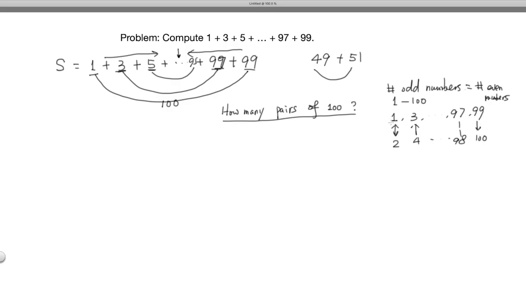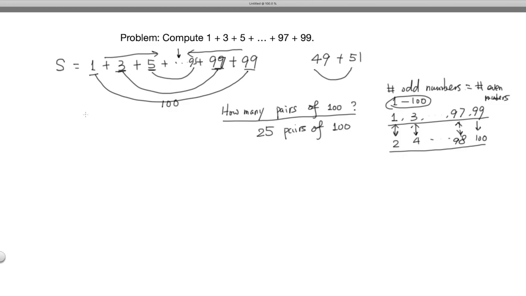So you see the number of odd numbers and the number of even numbers are exactly the same. They can establish this so-called one-to-one mapping. And if that's the case, totally there are 100 numbers, so the total number of odd numbers is 50, and the total number of even numbers is also 50. So how many pairs of 100 here? Because the total number of odd numbers is 50, there will be 25 pairs of 100.